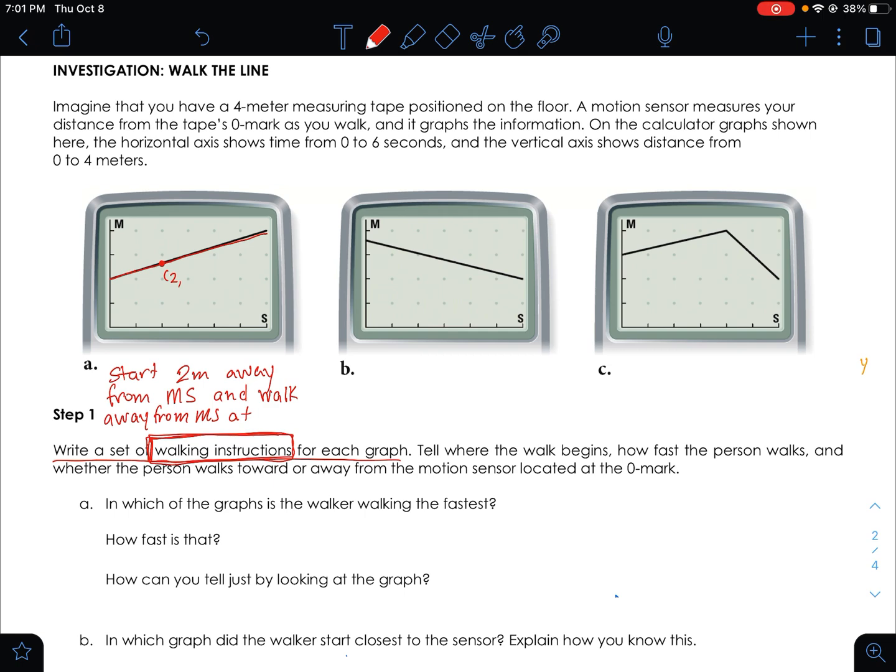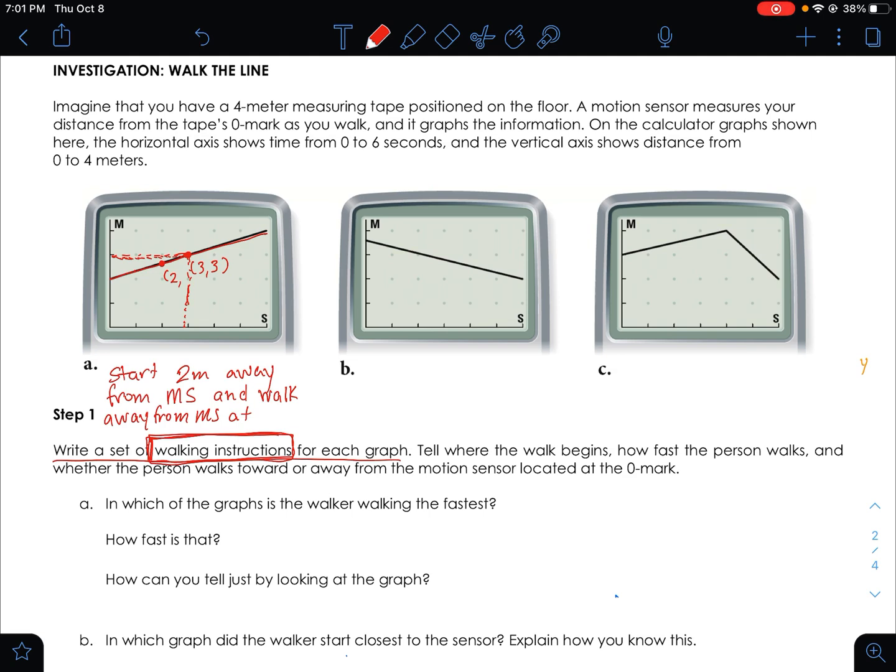A nice point happens when you have a point right here where he's walked for 3 seconds, and then he is at a distance of 3 meters, because that point lines up nicely with that distance. So after 3 seconds he's traveled 3 meters.